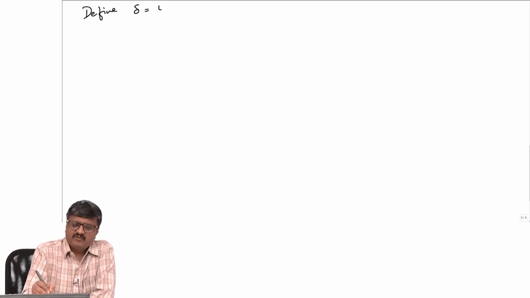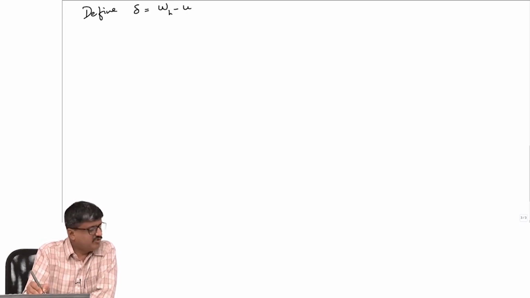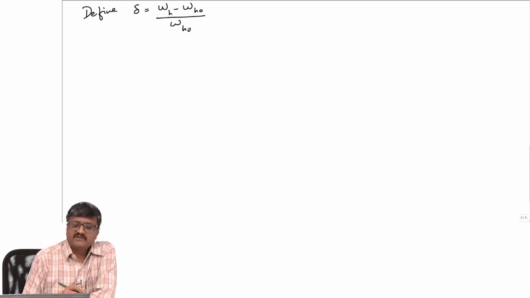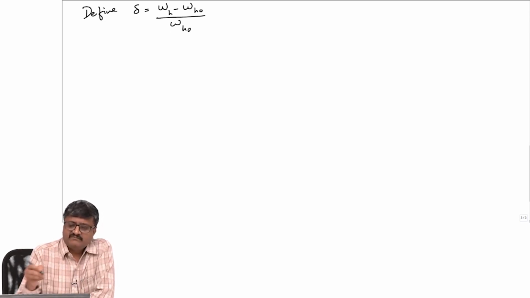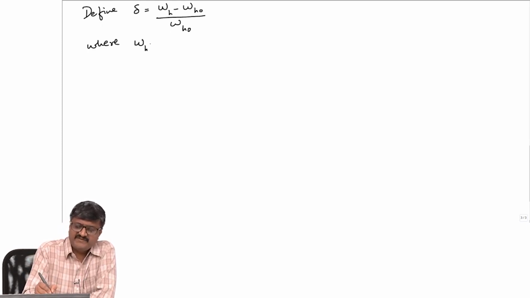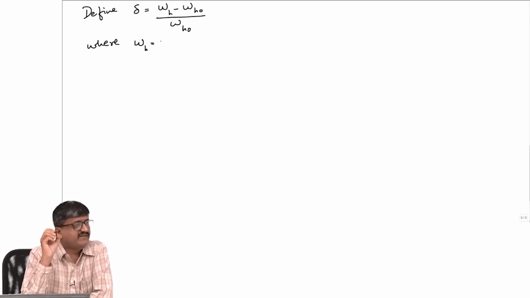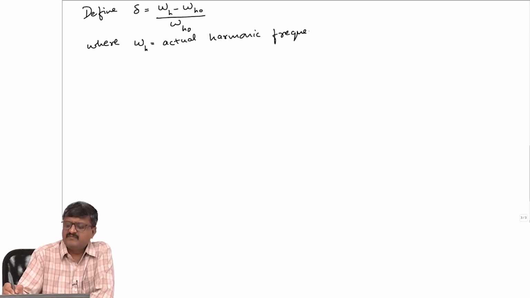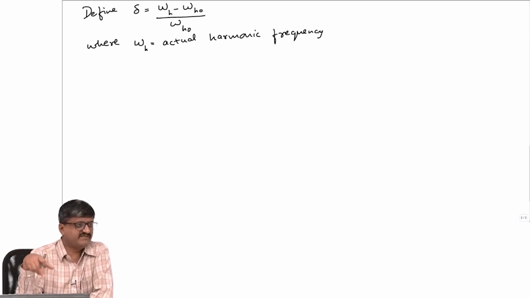This is defined as omega h minus omega h o, divided by omega h o. Now, let me say what is this omega h. Omega h is the actual harmonic frequency. From the notation you should be able to make out that it is not frequency in hertz, it is angular frequency.